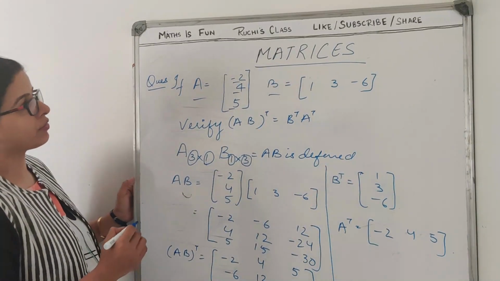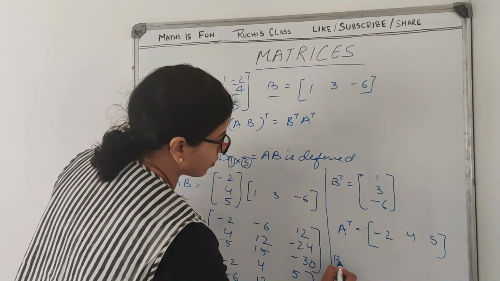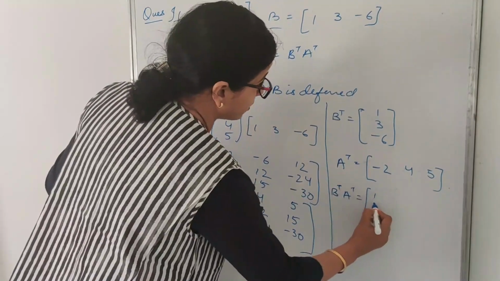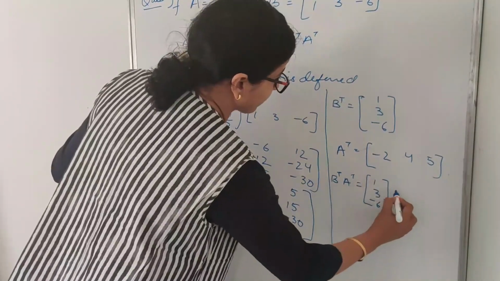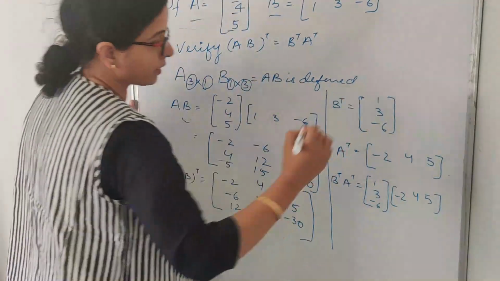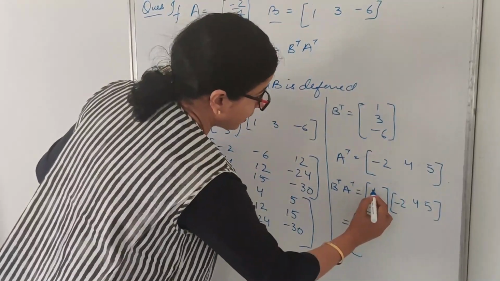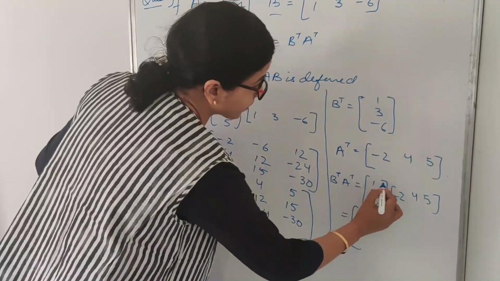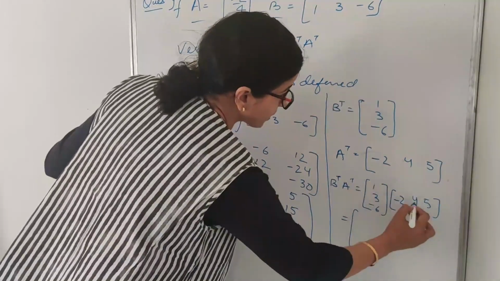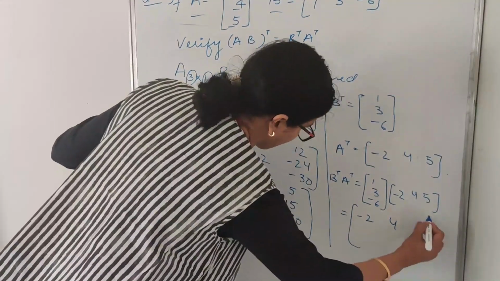Now I will find my B transpose A transpose. So 1, 3, minus 6 into minus 2, 4, 5. Now we'll multiply. So basically what I am getting: this is first row into first column, first row into second column. So minus 2, 4, 5.